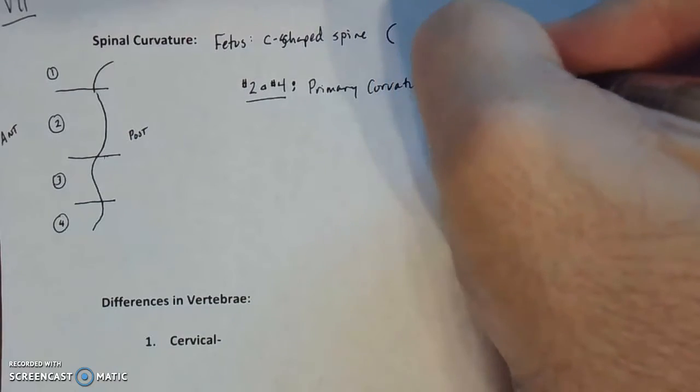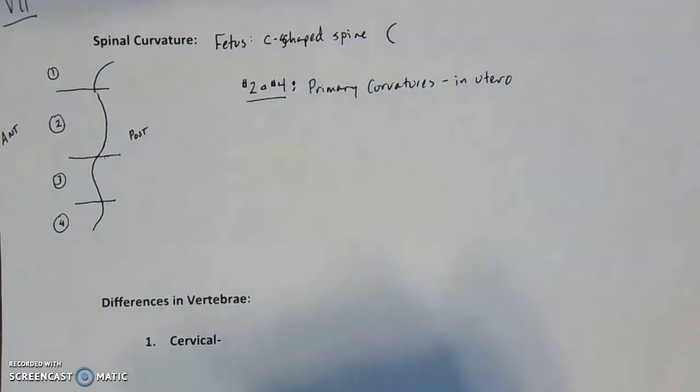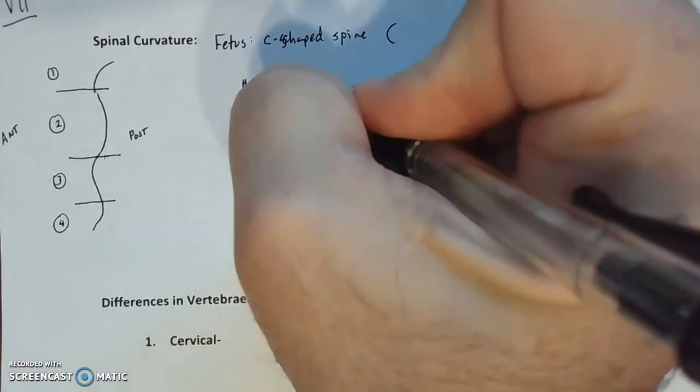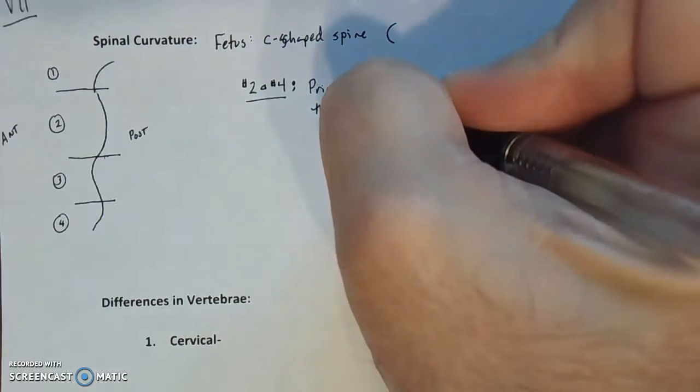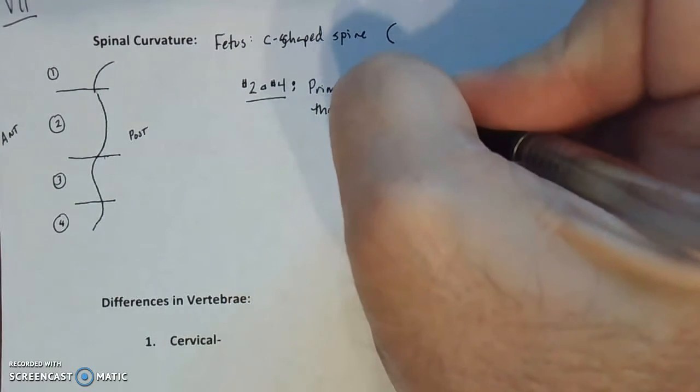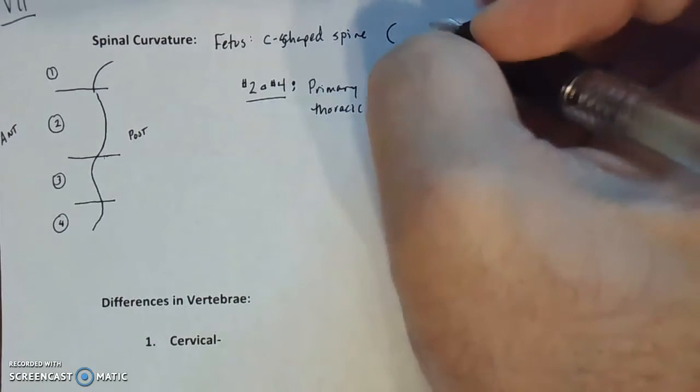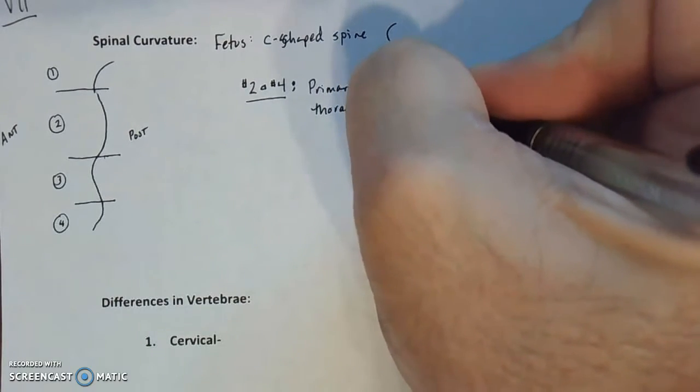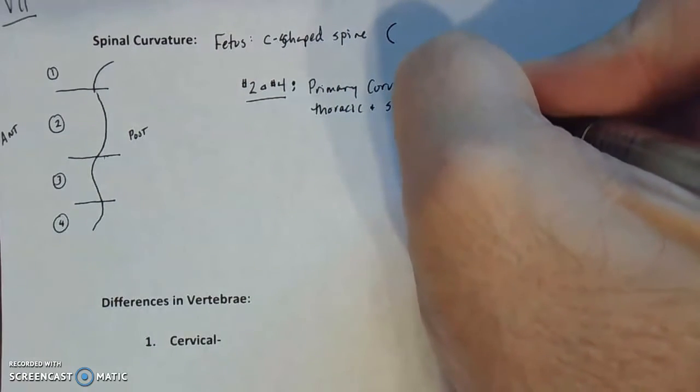They develop in utero. And those two are the thoracic and the sacrococcygeal.